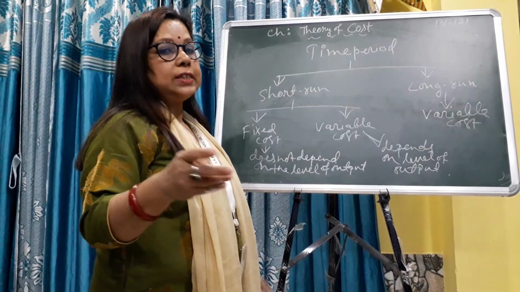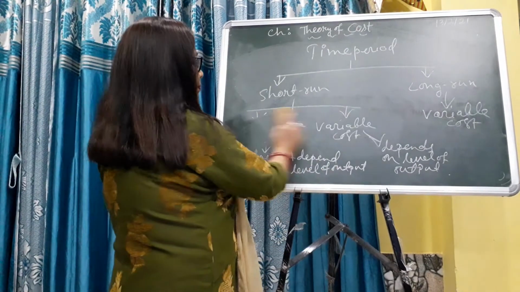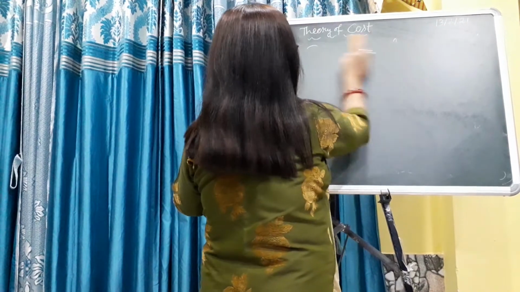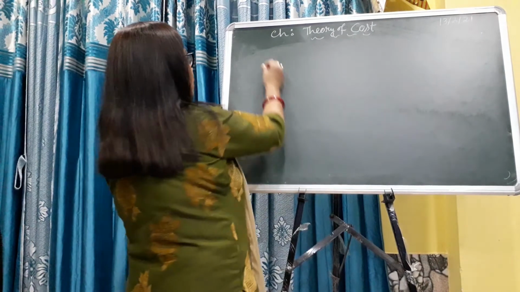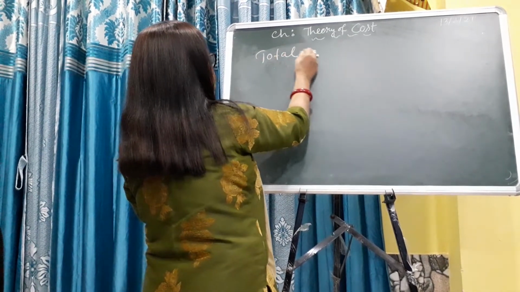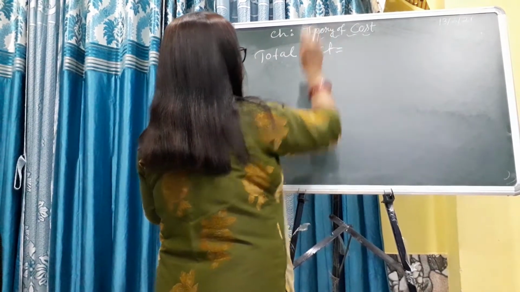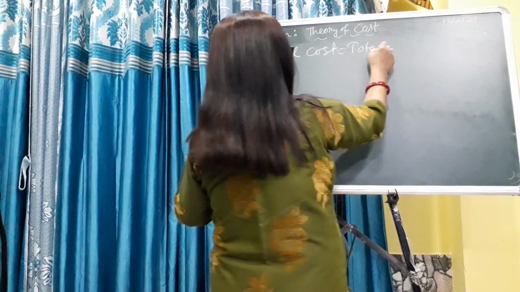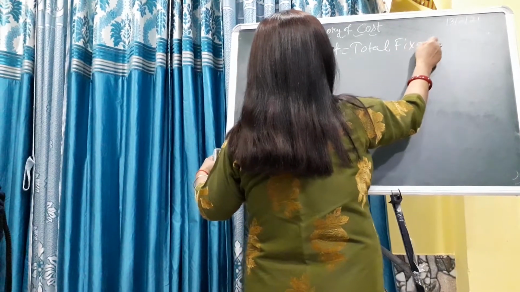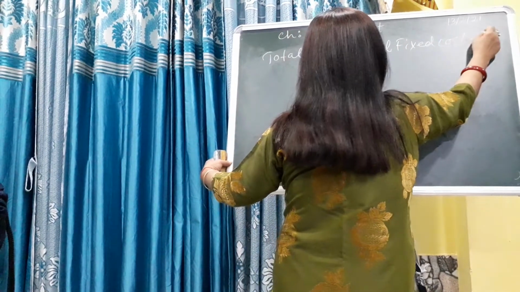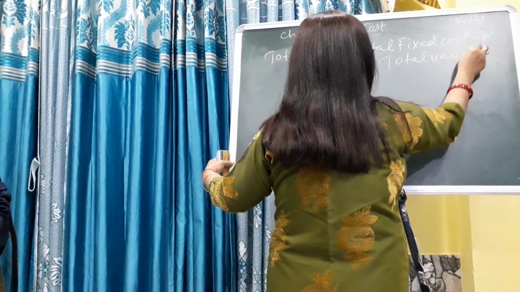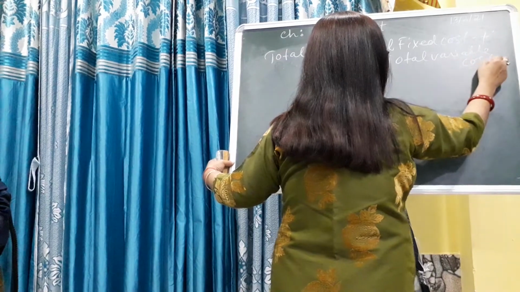So in the short period, total cost has two parts: total fixed cost plus total variable cost.